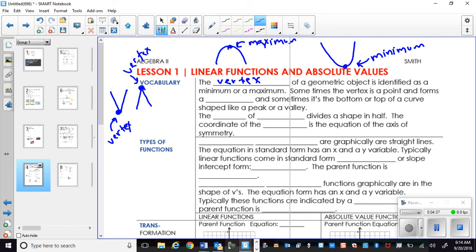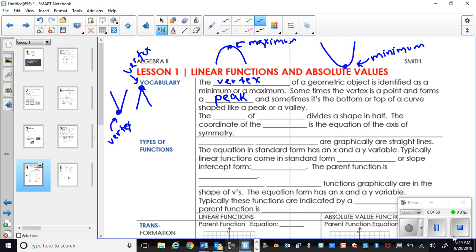Okay? And sometimes the vertex is a point and it forms a peak. And I just shared that information with you. I explained it to you. And sometimes it's at the bottom or the top of the curve, and it's shaped like a peak or a valley. Very redundant, but you get the gist of it.